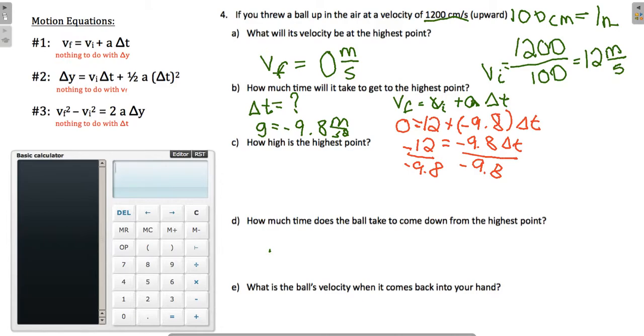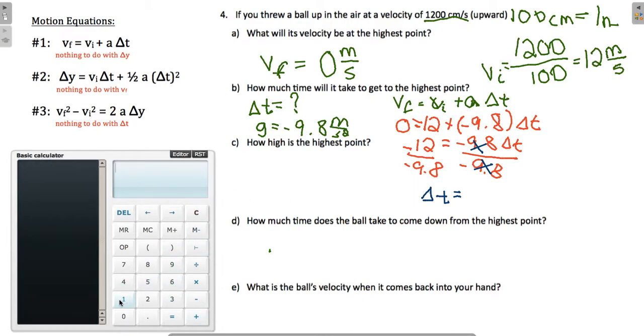So now our 9.8s go away over here. We're left with negative 12 divided by negative 9.8. So our time for this problem, delta t, will equal 12 divided by 9.8. Now when I do that in the calculator, I'm not even going to include the negatives, because a negative divided by a negative, I know will give me a positive.